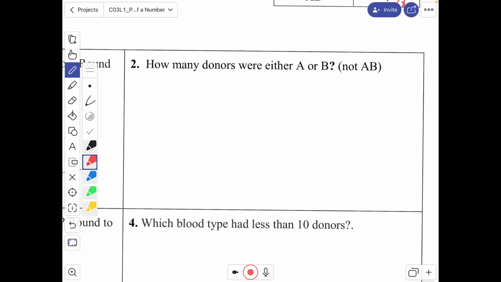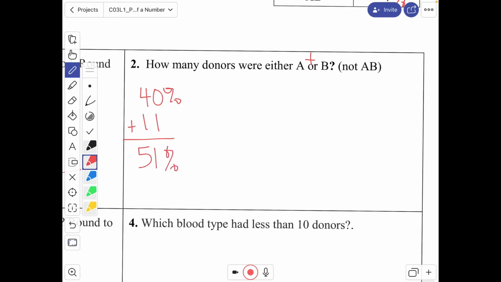Number 2, how many donors were either A or B? That doesn't mean AB. It means how many were A or B. So there were 40% that were A and another 11% that were B, or means I need to add those together. So that's 51%.